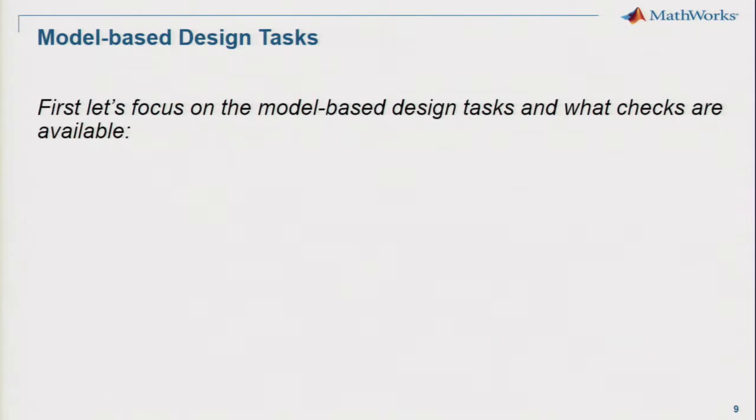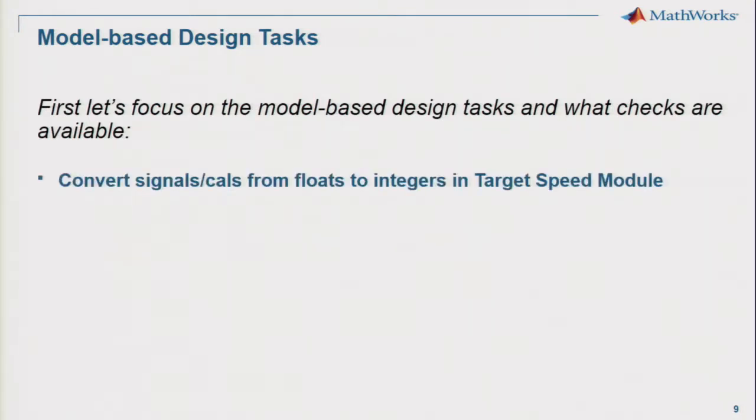So we'll first talk about the model-based design tasks. And the idea here is that what we're trying to do is test early, within the mantra of model-based design. And so by doing that, we're going to look at what checks are available to us to facilitate this testing early.